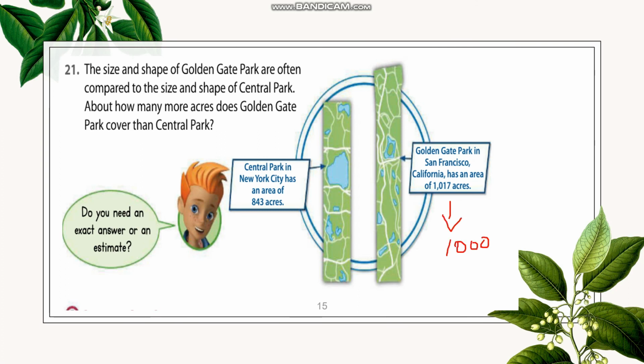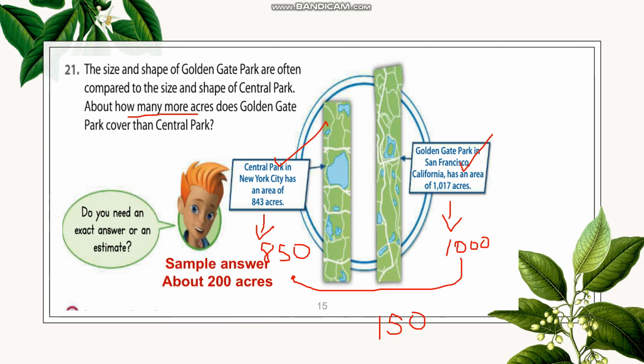If I'm going to use compatible numbers, 843 is nearest to 850. So in order to find how many more acres Golden Gate Park covers than Central Park, I need to subtract 1000 minus 850 and the answer is about 150.